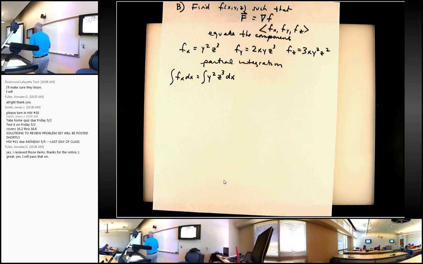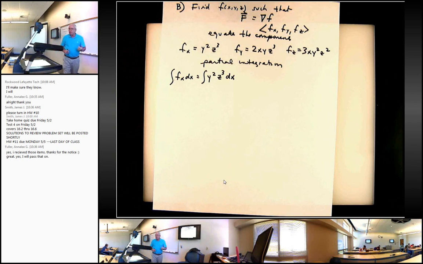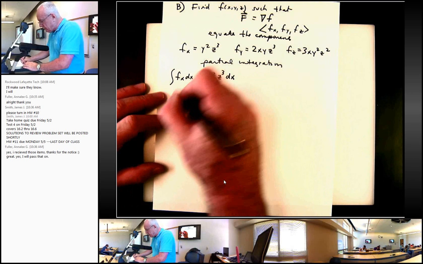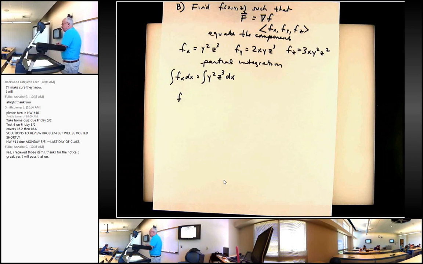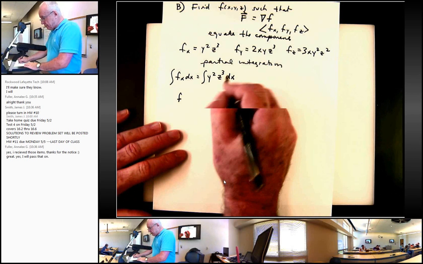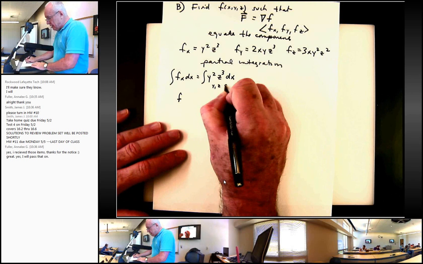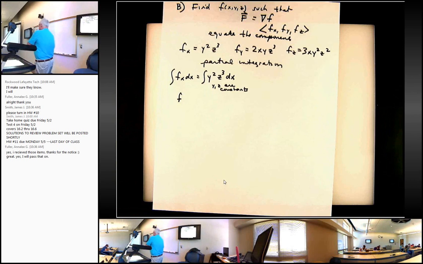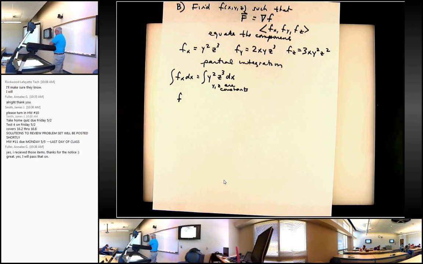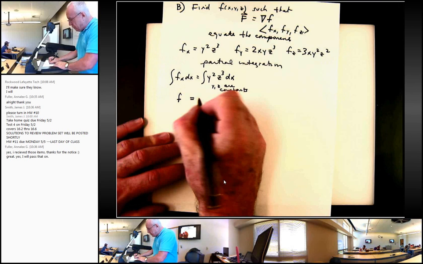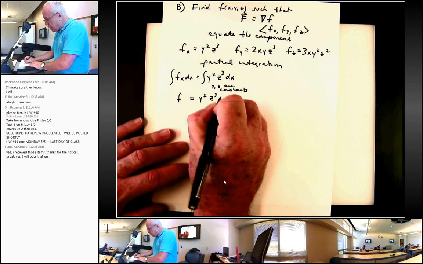Now, the left-hand side, from the fundamental theorem of calculus, the integral of a derivative is just going to be my function, little f. Now, on the right-hand side, I'm integrating with respect to x, so y and z are considered constants. And so we figure out what our antiderivative is. Well, it's just going to be y squared z to the third times x, right? We just tack on an x with this. So my little f is going to equal y squared z to the third x.